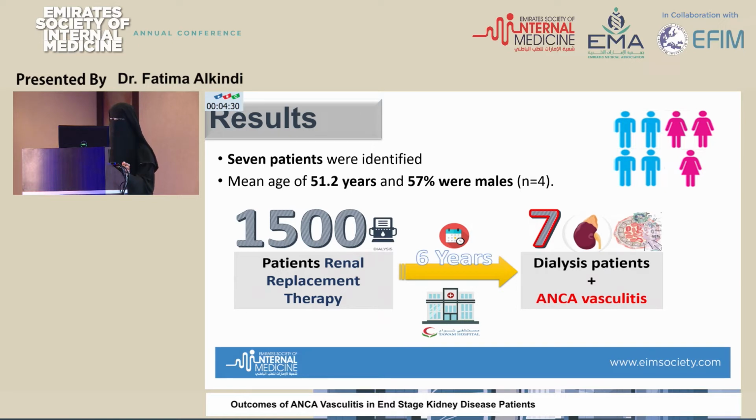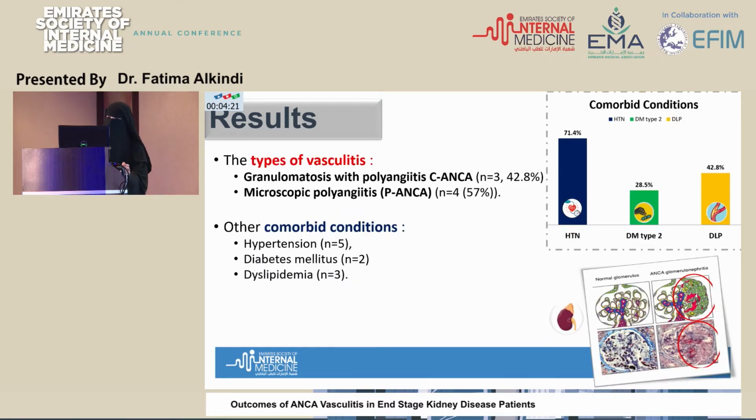The mean age was 51 years, and 57% were male. According to the type of vasculitis, the distribution was almost similar, because with a small sample size we cannot disclose a predominance of one over the other.